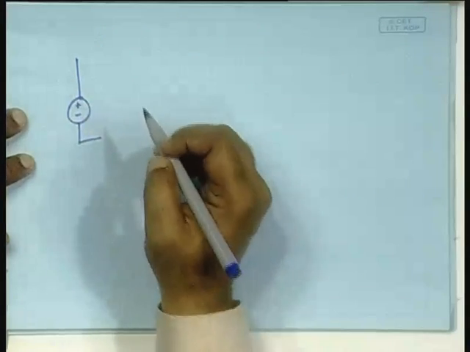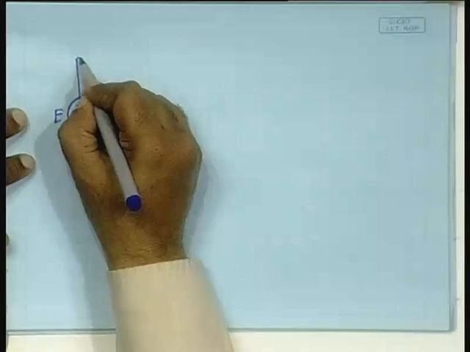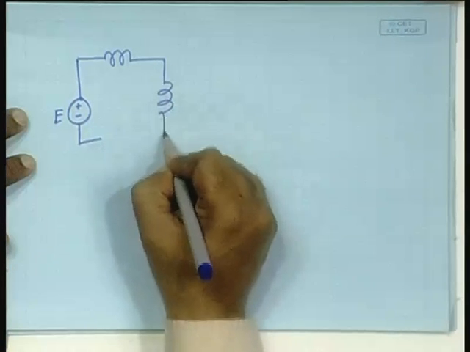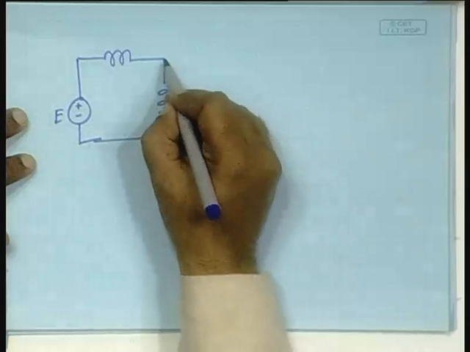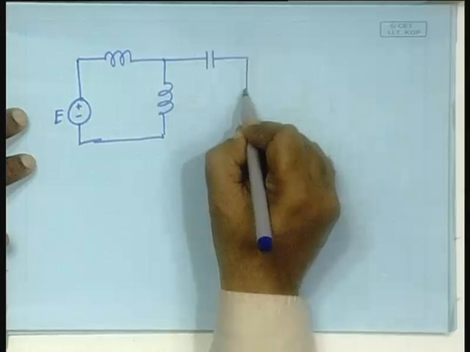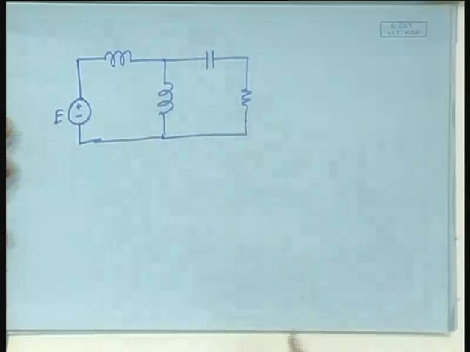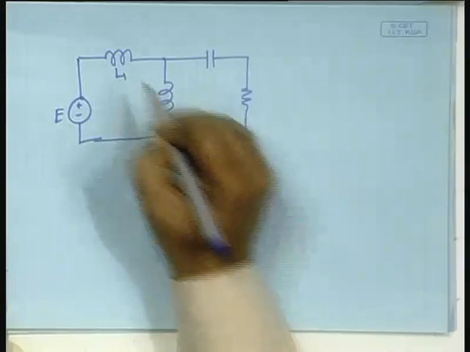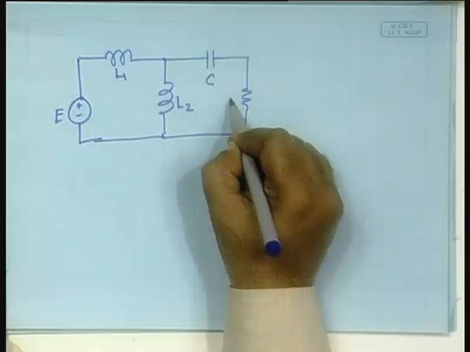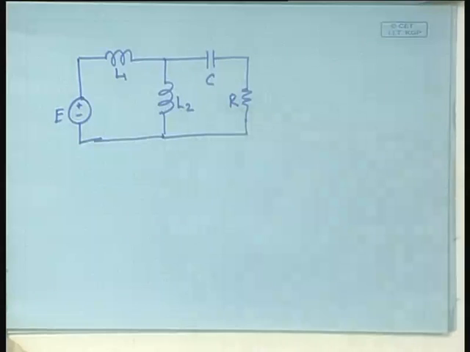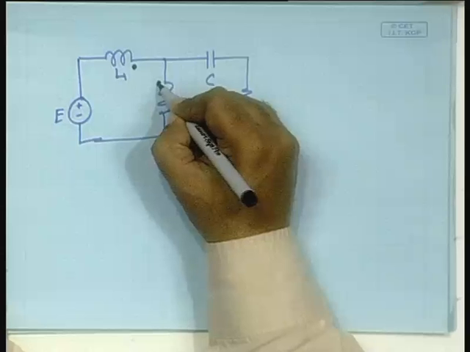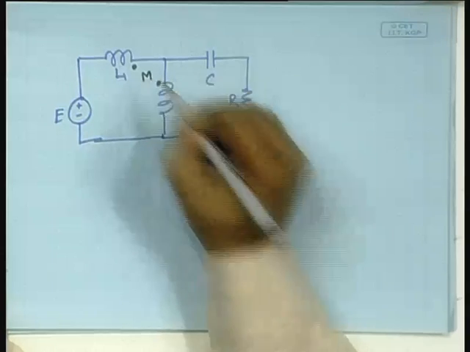This is the positive direction of the voltage E. Here is say an inductor, and here is say another inductor, and the rest of it can be connected through resistive and capacitive branches. So, you have L1, L2, C, R, but now in addition to this, there is a mutual coupling between them.